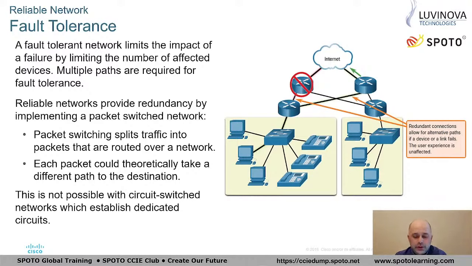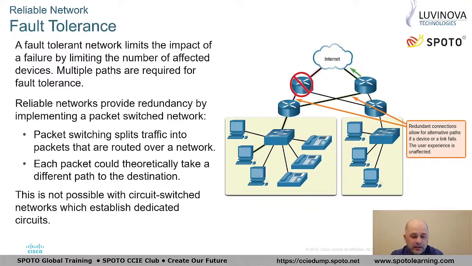After that, it has a choice: it needs to go to the router on the left or the router on the right. If the router on the left is not responsive, or the path is broken, the router will choose another path to deliver the data. The most important thing is that we must have multiple paths to integrate fault tolerance.